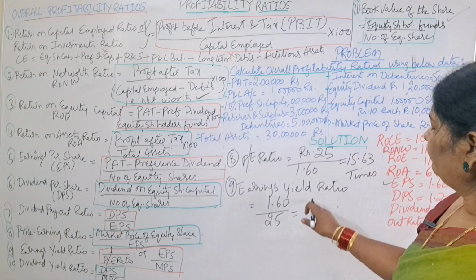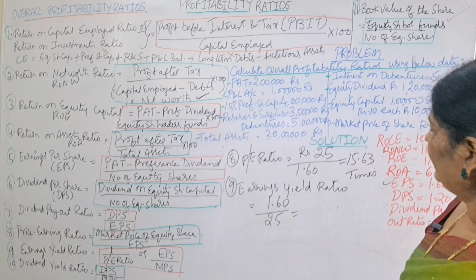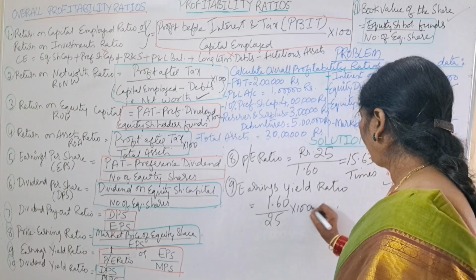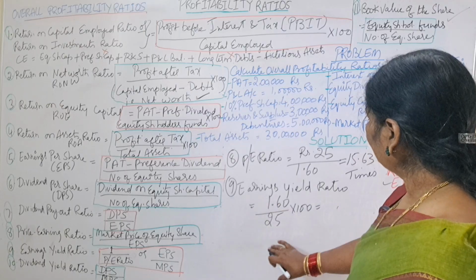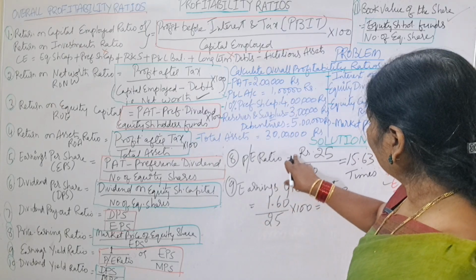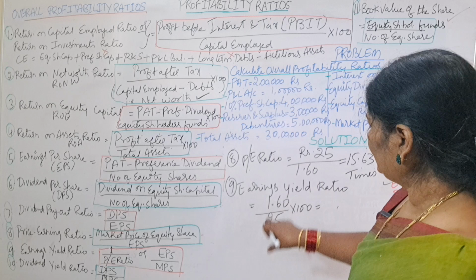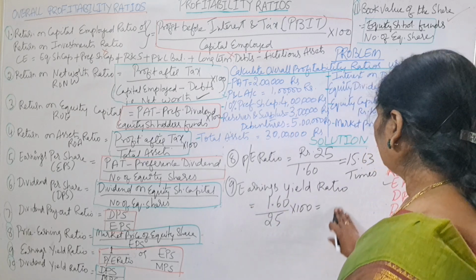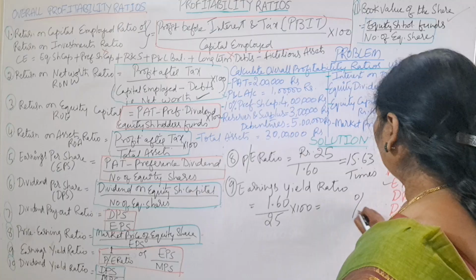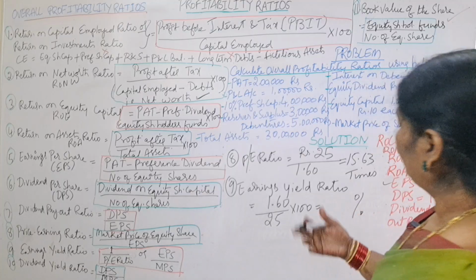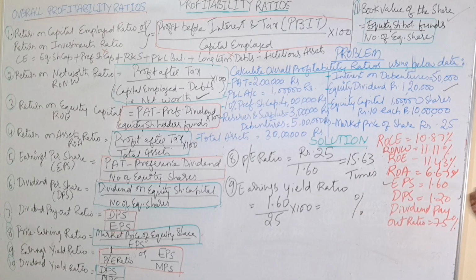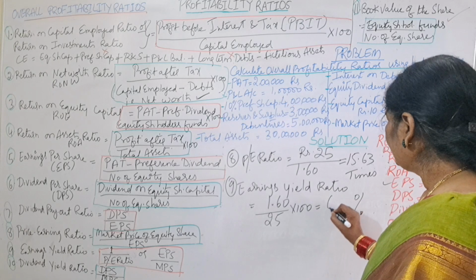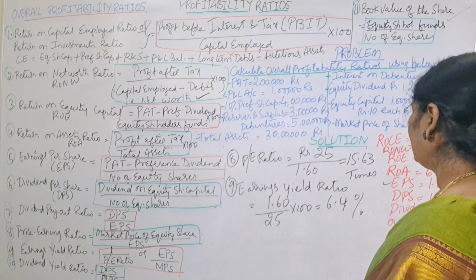So here 1 rupee 60 paisa divided by 25 into 100. So just to see here, here we have taken MPS by EPS. Here in this formula, EPS by MPS into 100. So here we will get percentage, right? We will see what is the percentage of our EPS in our market price of the share. Our earnings yield ratio is 6.4 percentage.